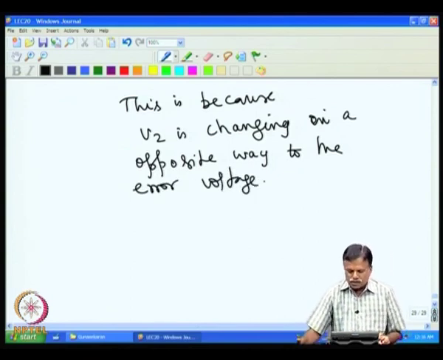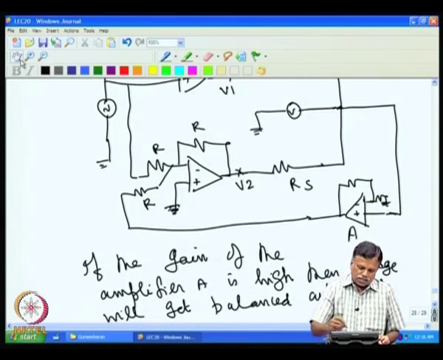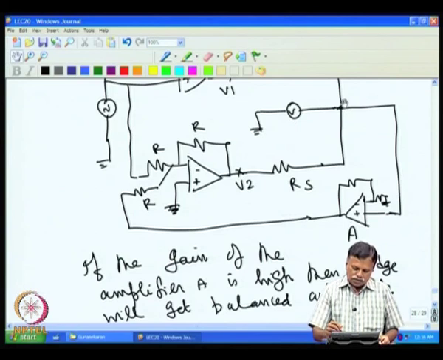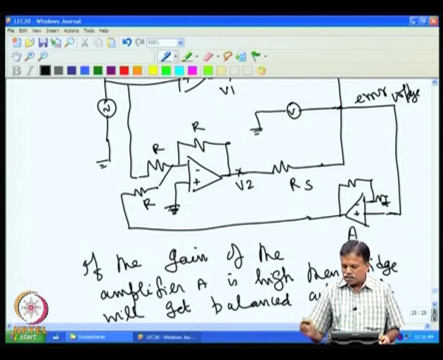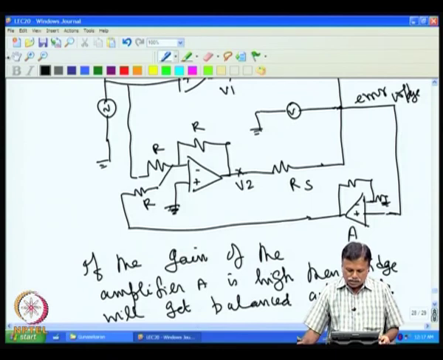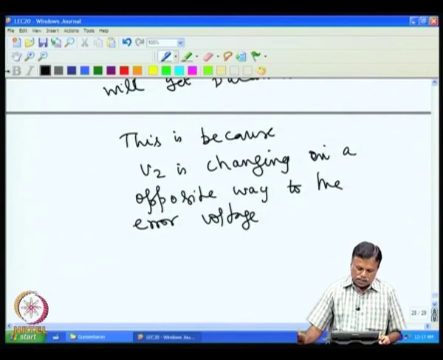That is, this is considered as the error voltage. So, if the error voltage is more, V2 decreases. If this decreases, this increases. So, we call this the error voltage at this point. The error voltage changes V2 in the opposite way, that is why the bridge is balancing.